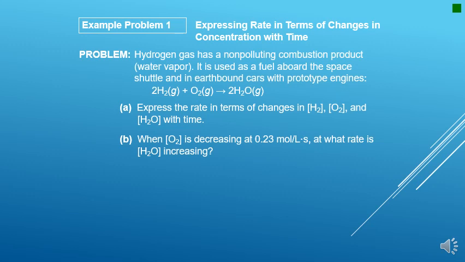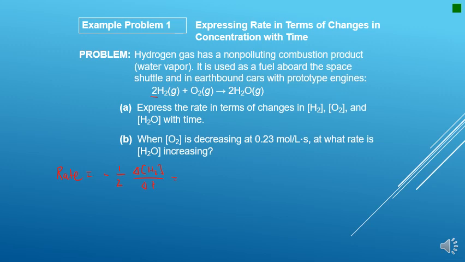So when we look at this, we can simply say the rate will be equal to a negative, and my coefficient for the hydrogen gas is a 2, so I put 1 over 2 times the change in concentration of H2 over our change in time.